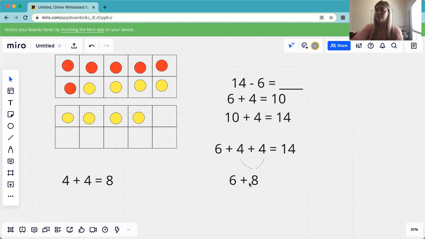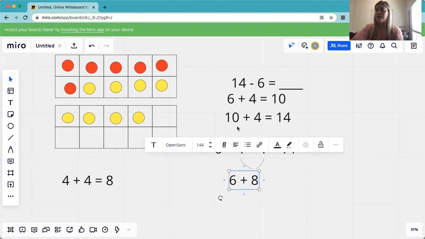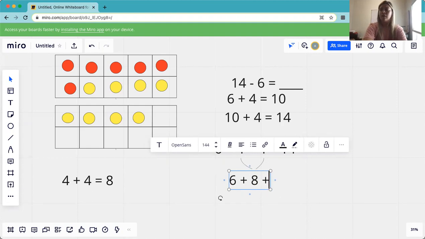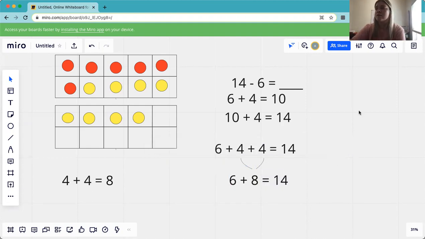So 6 plus 8 equals my 14 all together right here.